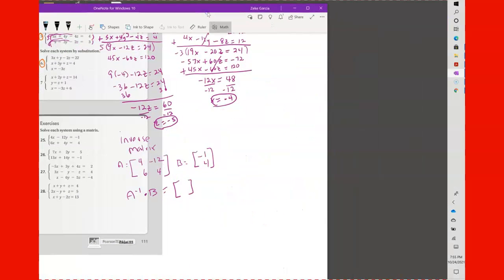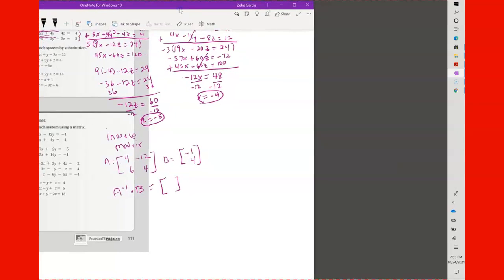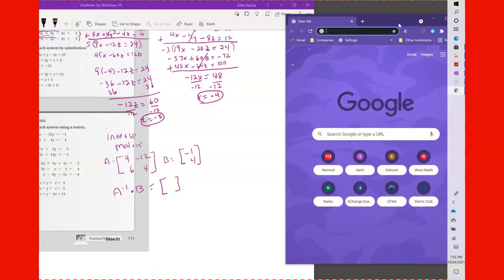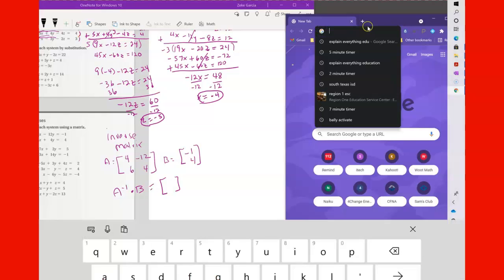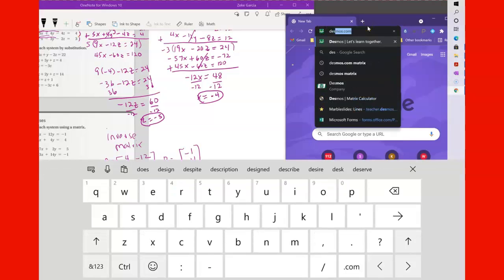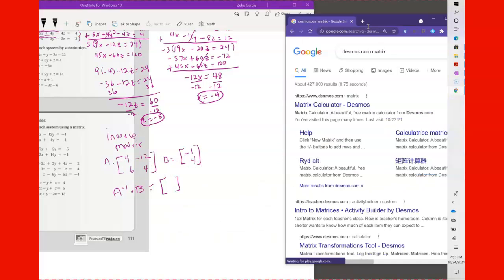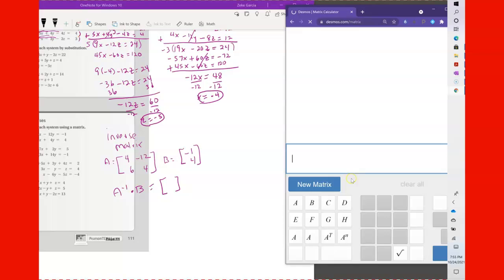So I'm going to move this just a little bit over here, and I'm going to come out with Desmos. Remember to go to Desmos, Matrix Desmos. Desmos.com matrix, the matrix calculator. And the way you're going to do it is you're going to type it in just the way you see it.